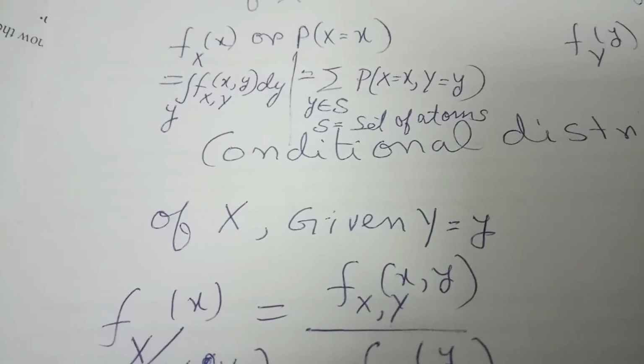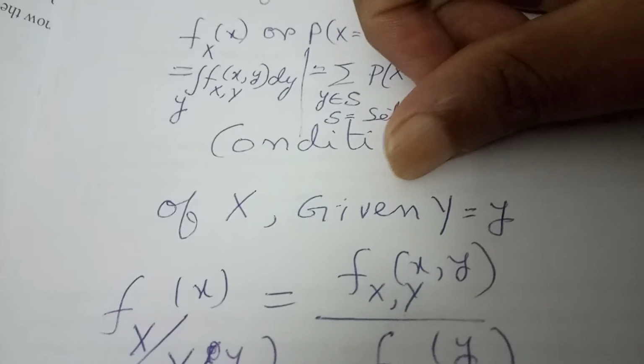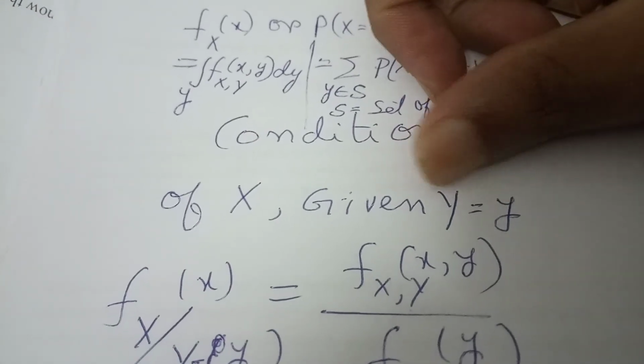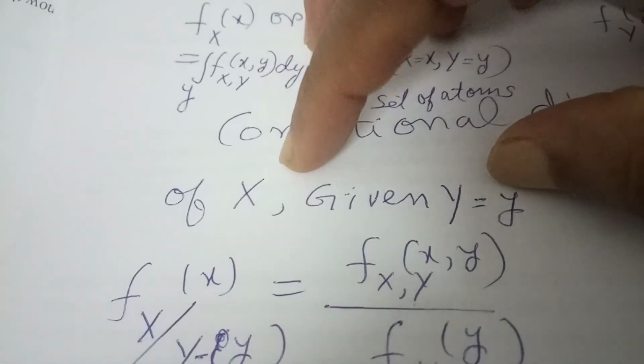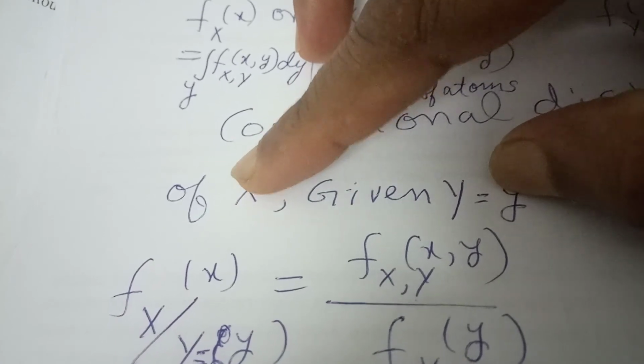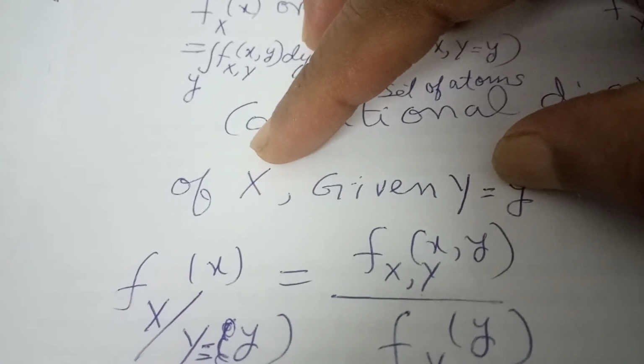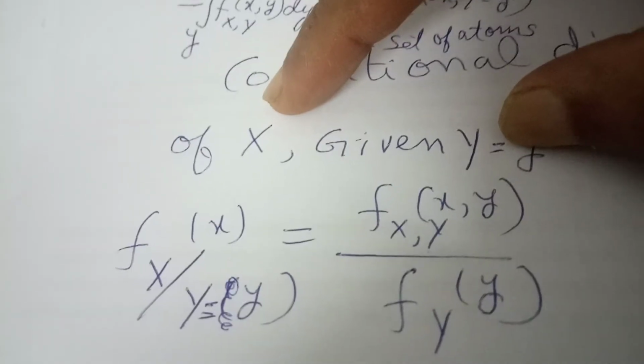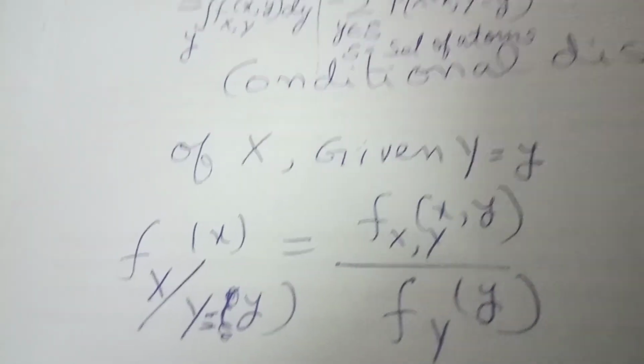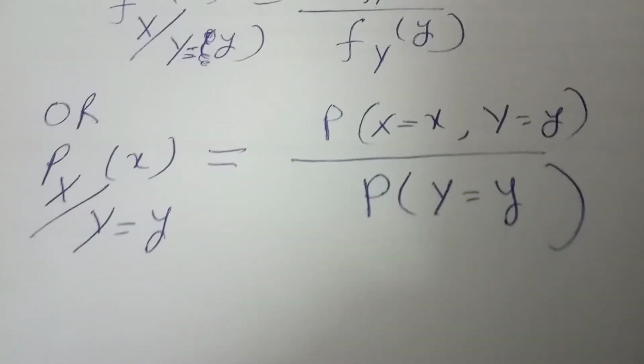Suppose you are studying height and weight: you fix the weight of a particular person and then make a probability statement about his height. This is more easily understood when I look at the discrete case.